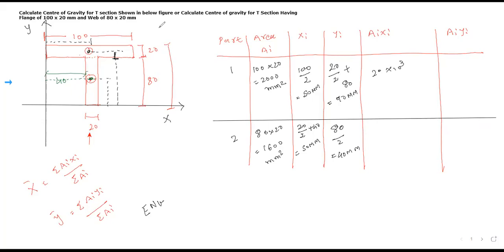ai 2000 into 90, you will get 180 into 10 raised to 3. Please check it. This is my mistake. This is 100 into 10 raised to 3. Just a minute.